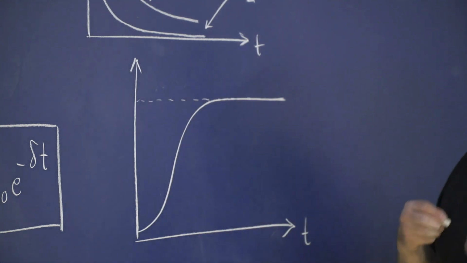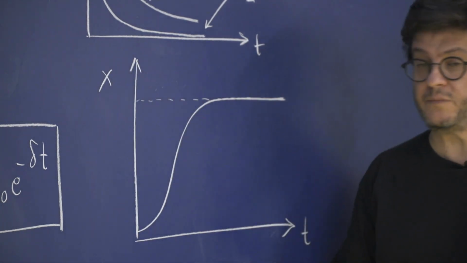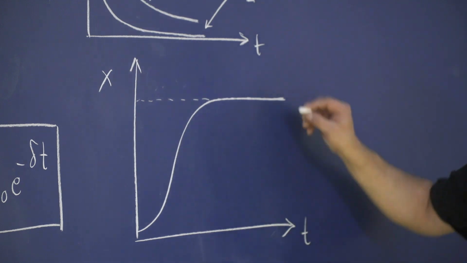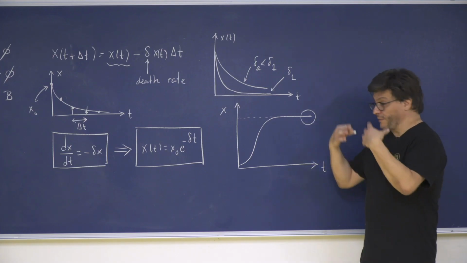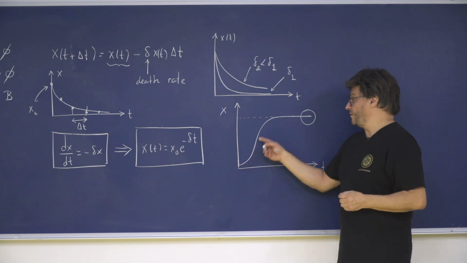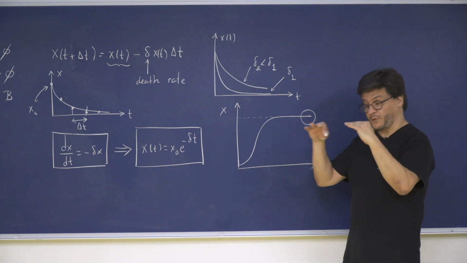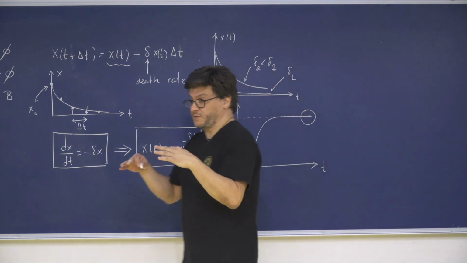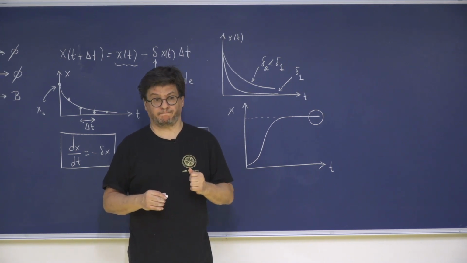One is that in the real world, when I observe not cells in a petri dish, but a population, I may be more likely to see this: whatever had to happen in the past, it already happened, and I'm observing a population that exhibits some kind of equilibrium state, right?